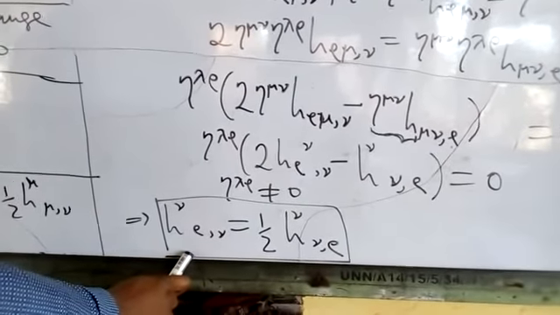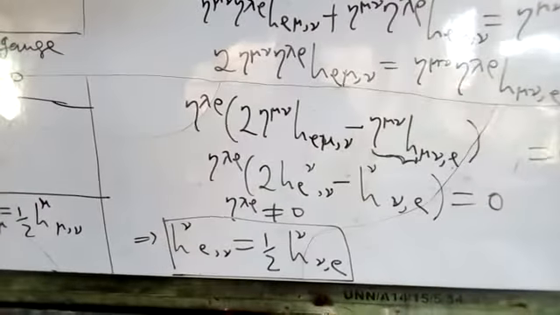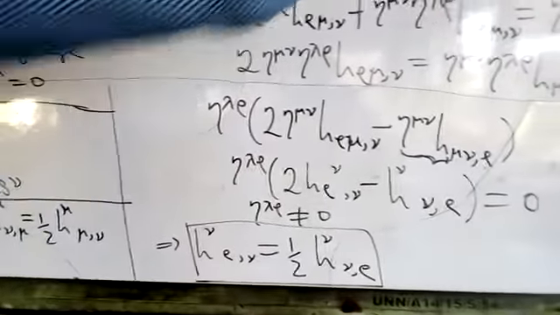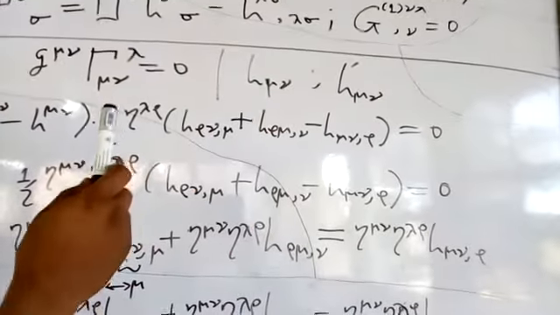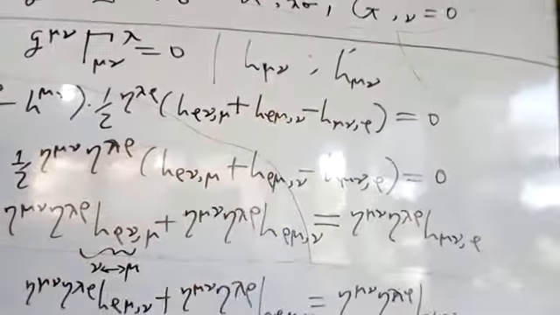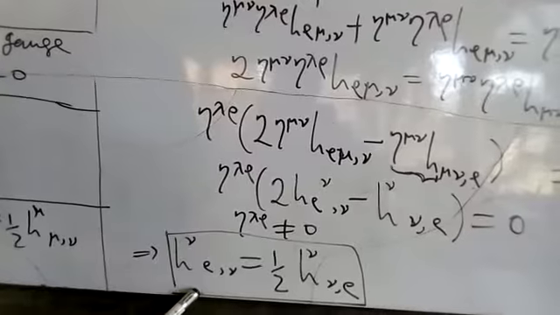Since h mu nu satisfies this relationship, and satisfies the Einstein field equation, then this also should satisfy this. Let me take that again.